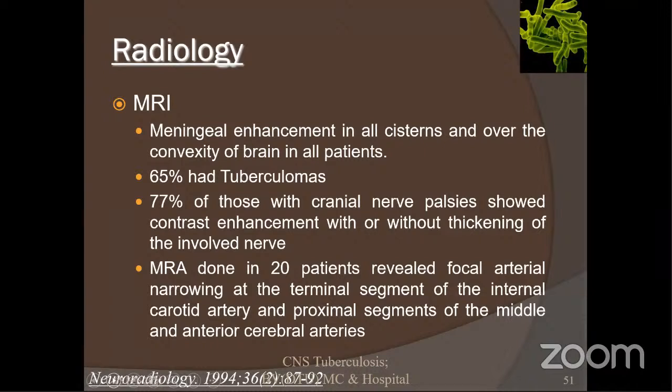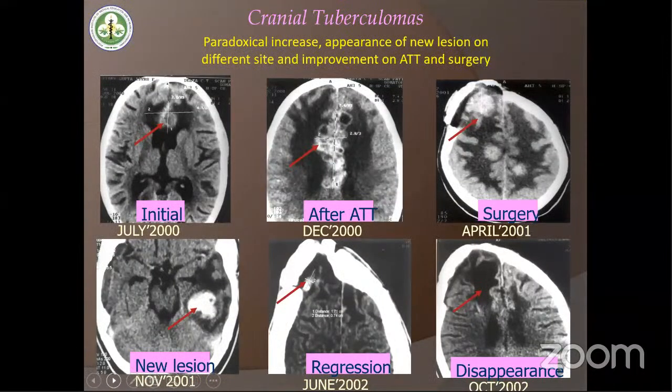The MRI was done in 20 patients and revealed focal arterial narrowing at the terminal segment of the internal carotid artery and proximal segments of the middle and anterior cerebral arteries, which will give rise to infarcts. So you can see a paradoxical increase and appearance of new lesions at different sites while the patient shows improvement on ATT.